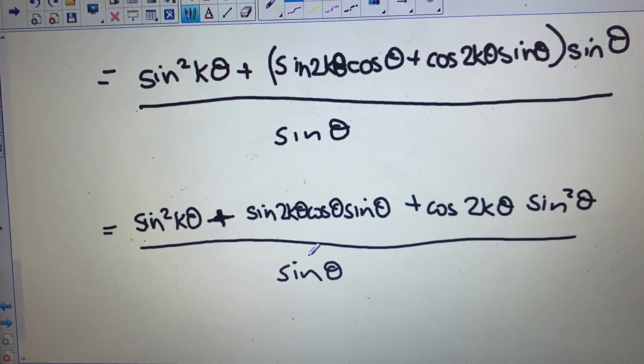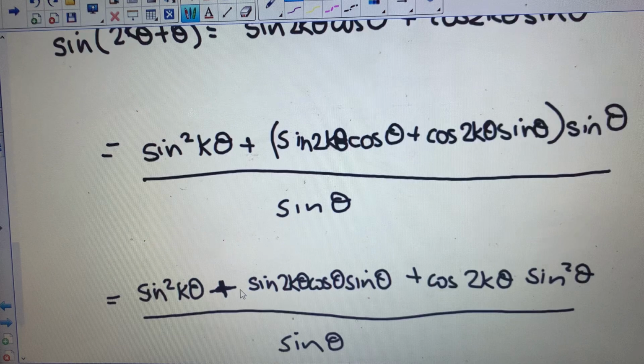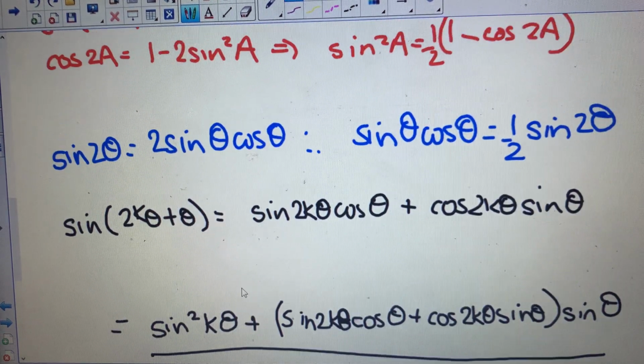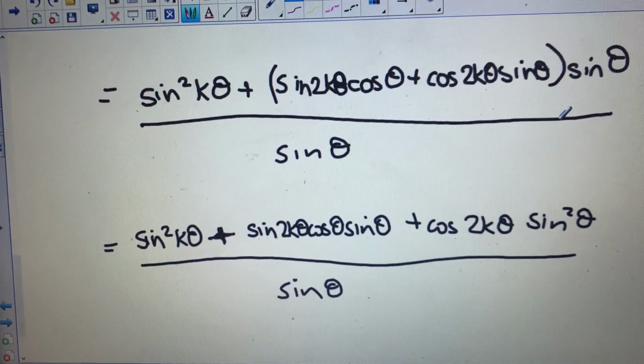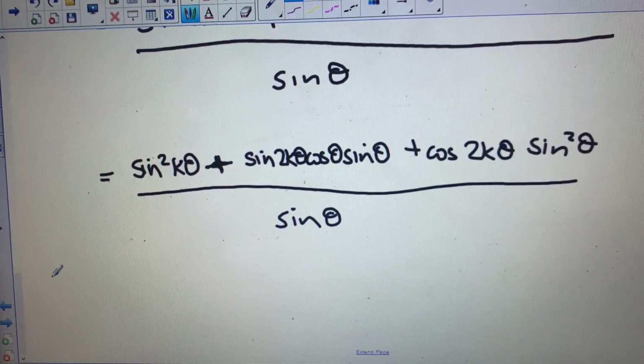Okay, now if we go back to this identity here, sine squared of an angle is half 1 minus cos 2 of those angles. So what I'm going to do is rewrite sine squared k theta using that identity.